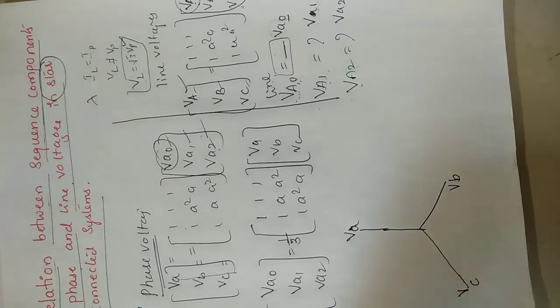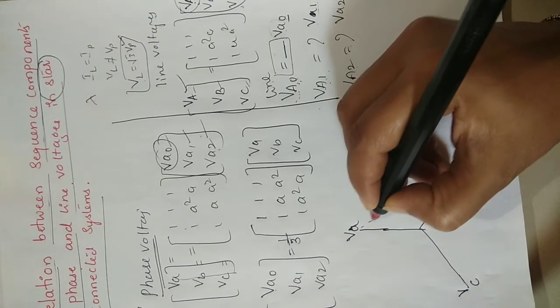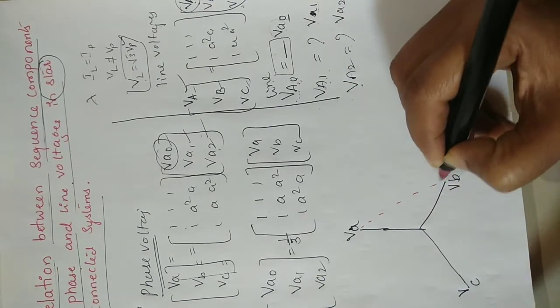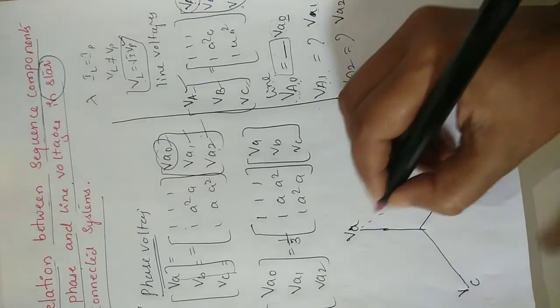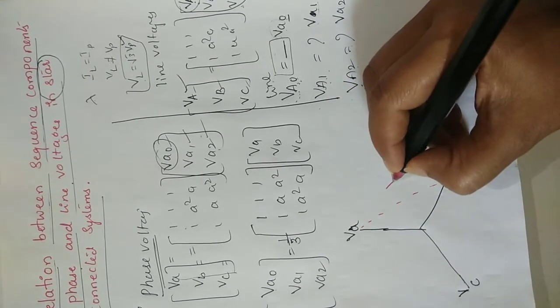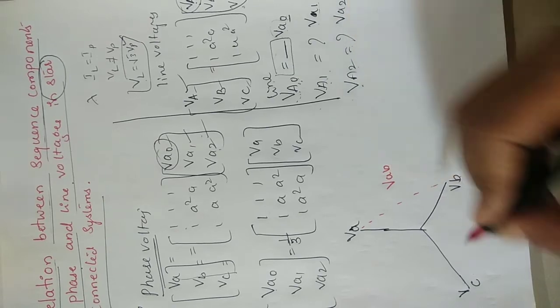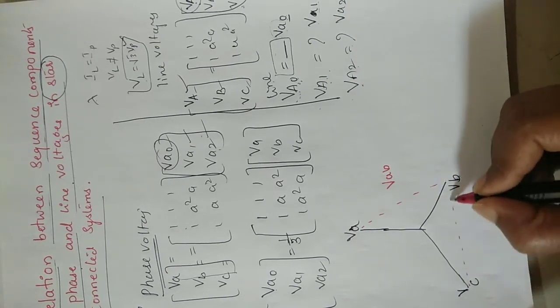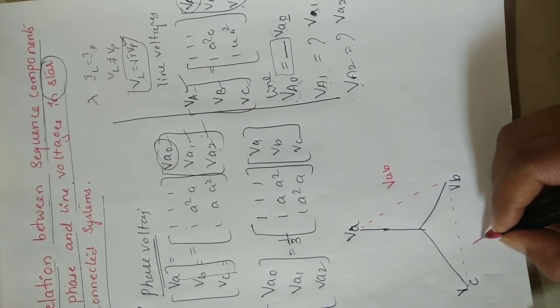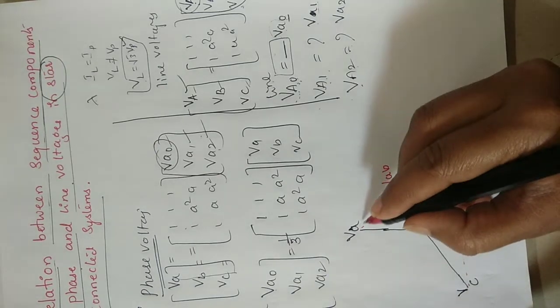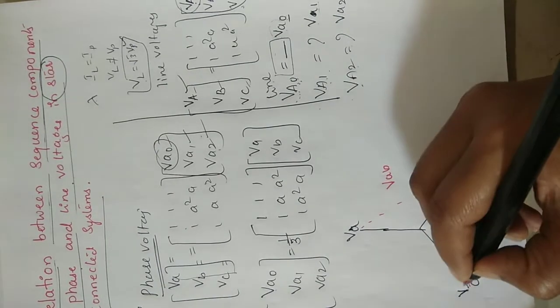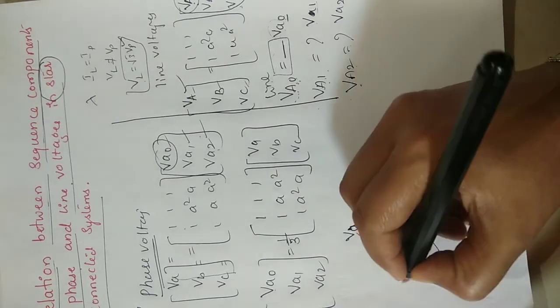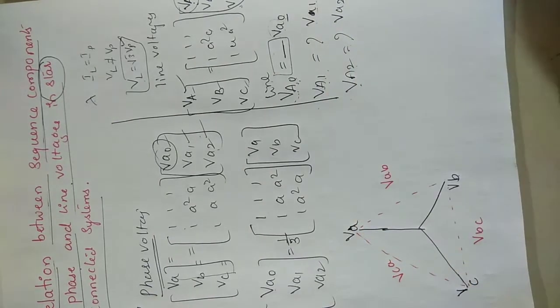Now let's get its line voltages. The vectorial addition gives VAB, then VBC, and this one is VCA.